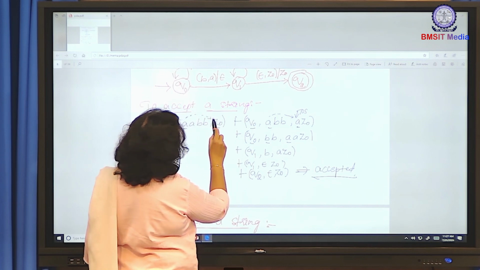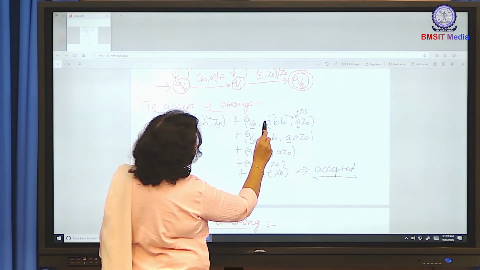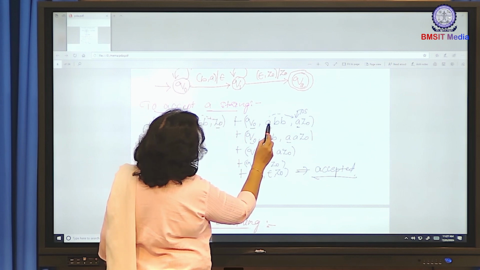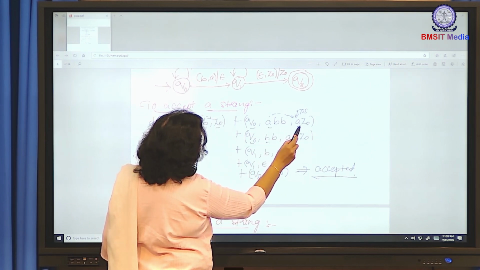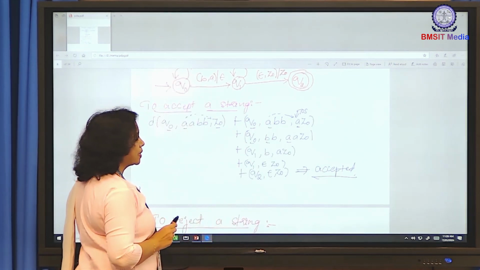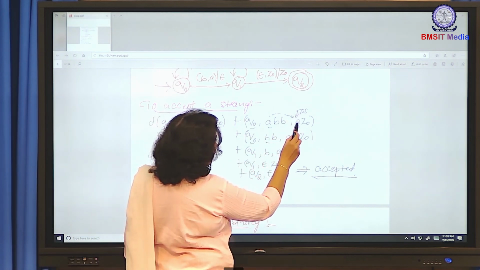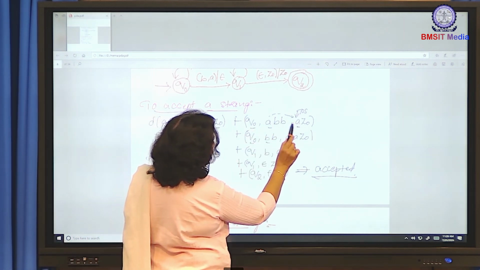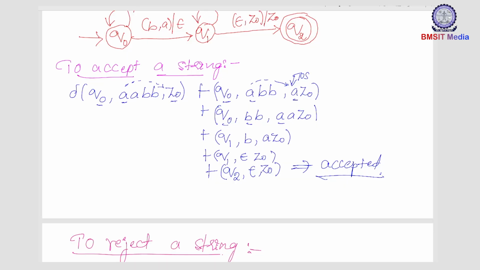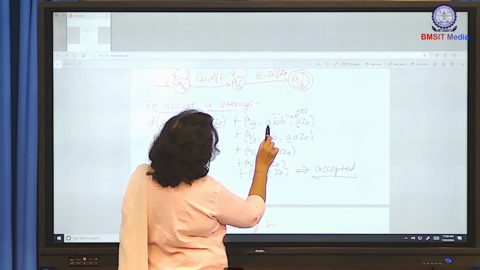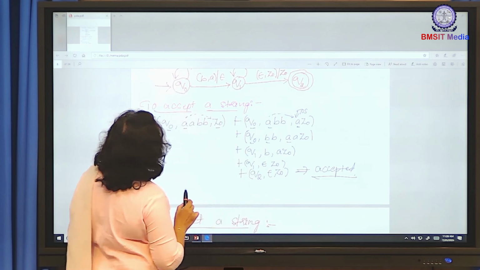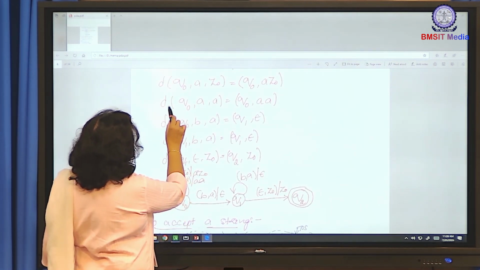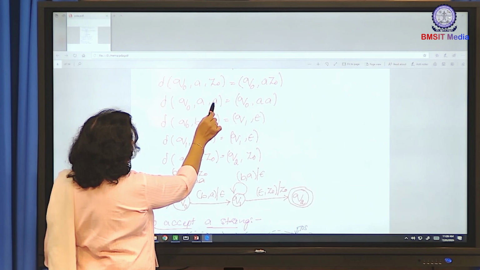This first A comes and sits on the top of the stack. This will become AZ0, with A as the top of the stack. Now we are here. This is the current configuration: Q0 comma A comma A. So go back and see the transition diagram: delta of Q0 comma A comma A.